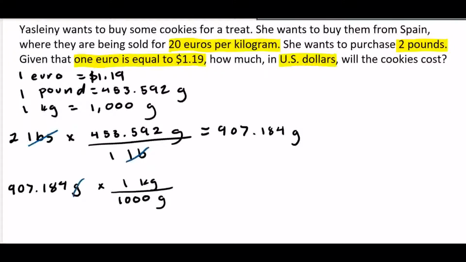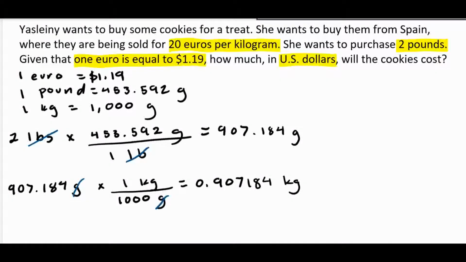As we see, the grams cancel out, and we are left with 907.184 divided by 1,000, which leaves us with 0.907184 kilograms. Now notice I'm not really rounding anything at the moment.